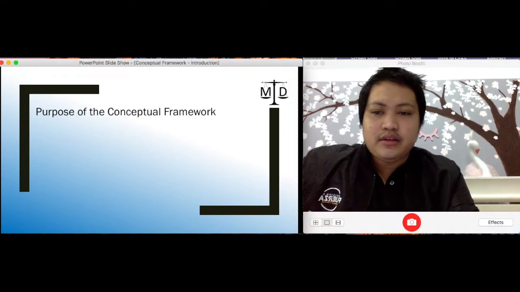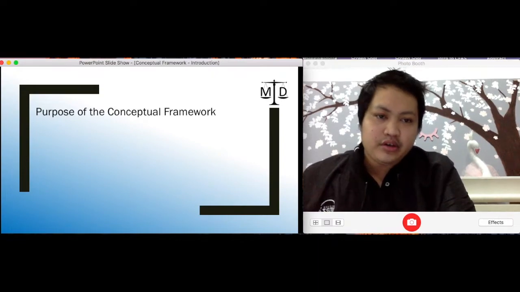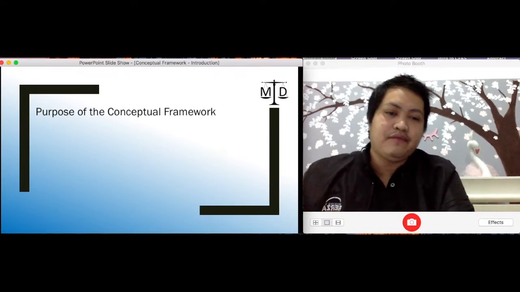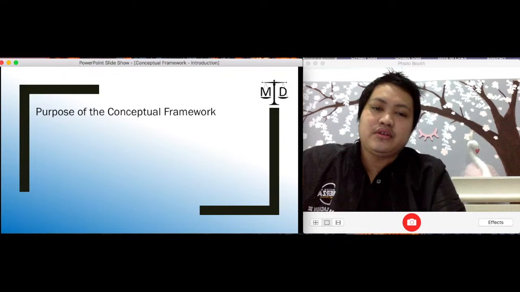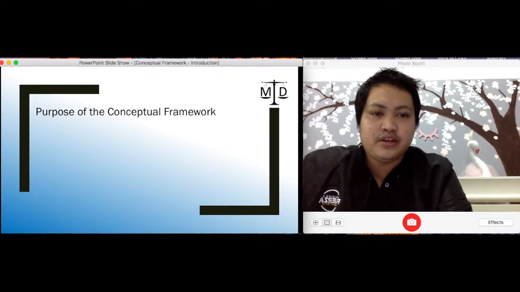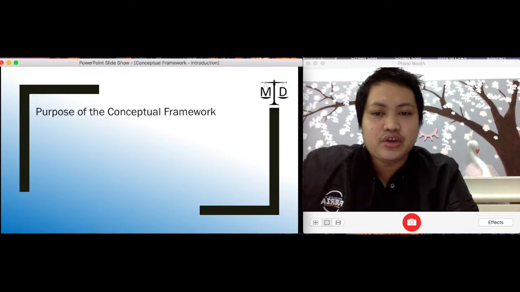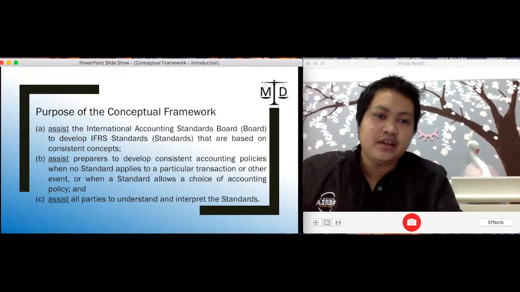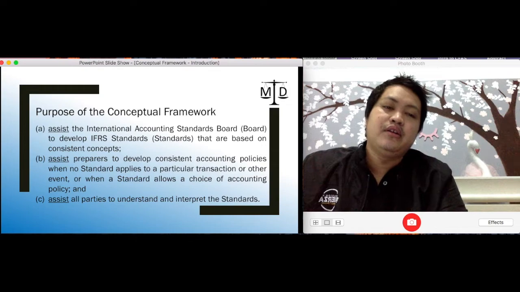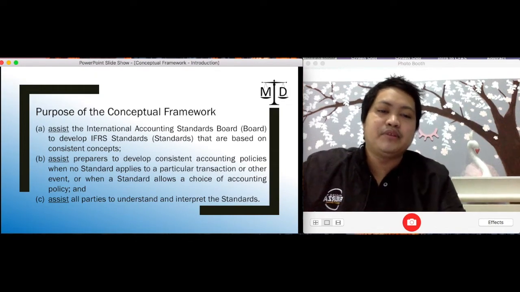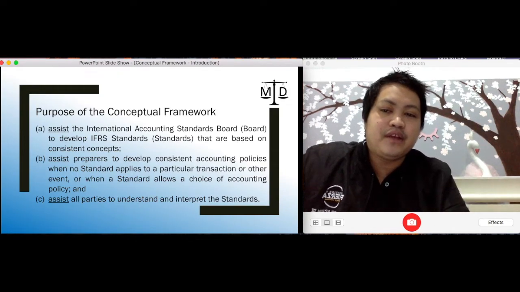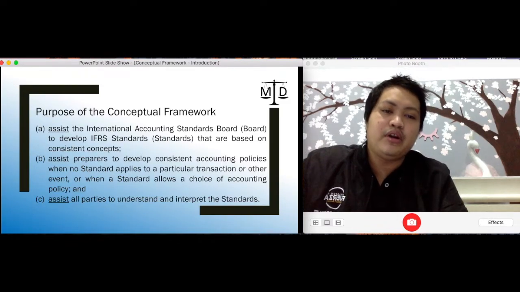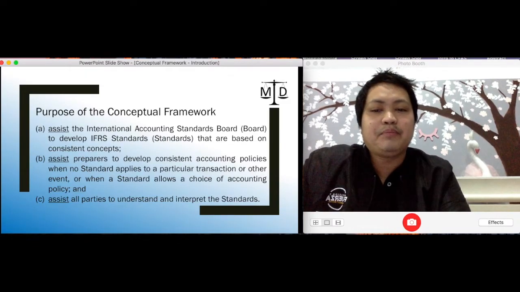Next would be the purpose of the conceptual framework. This area in the framework is another favorite source of questions in your examinations. You would be asked, which of the following is not a purpose of the conceptual framework? The framework provides three purposes, and you can observe that there's something common among the three, and that is the purpose of the framework is to assist.